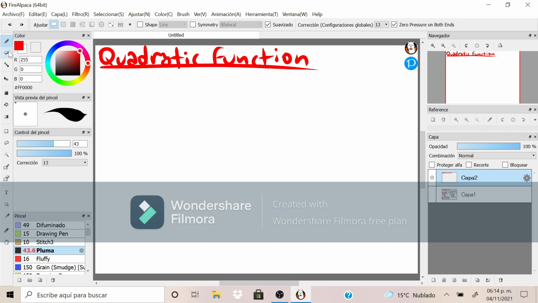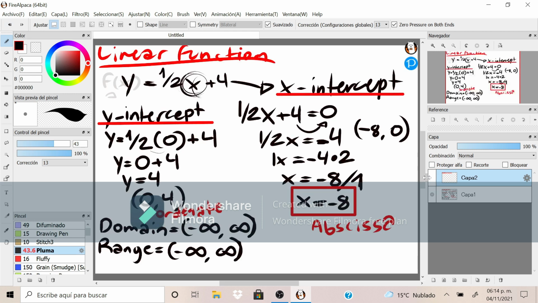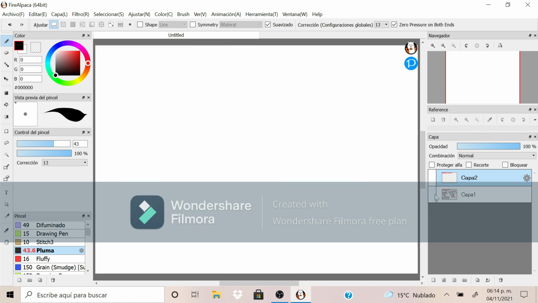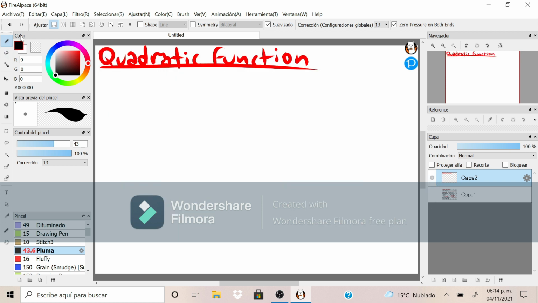Anyways, why is it called a quadratic function? Because, different from the past one, which was a really basic equation, as we saw in the last one, it wasn't rocket science. This one, as the name says, you guessed it, is a quadratic equation.